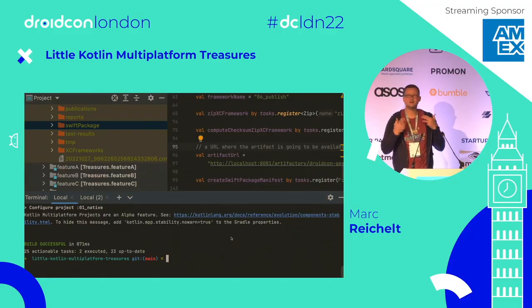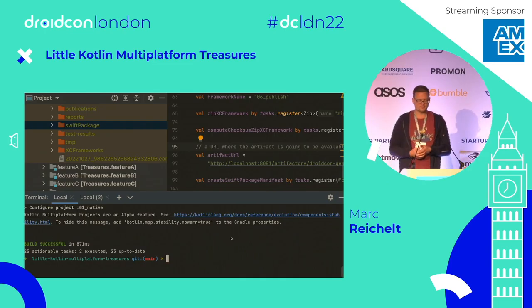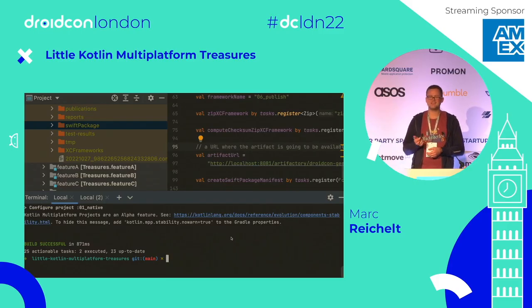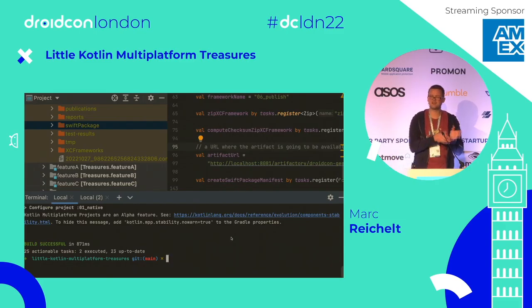Now how in the world do you publish it? I noticed that just a couple of weeks ago at droidcon New York, Nate Ebel had a nice talk about combining brownfield applications with Kotlin Multiplatform, and it turns out that they were doing a similar thing to what we did.